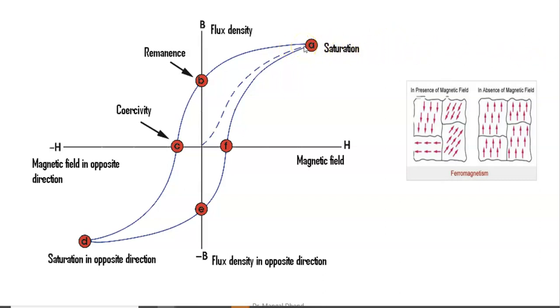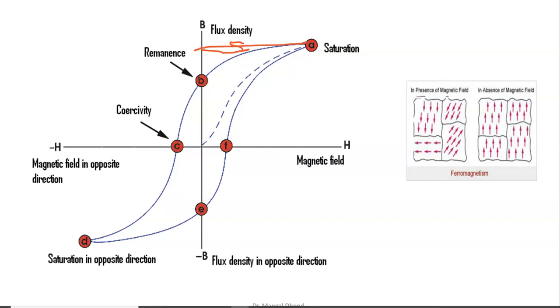Write down saturation. Even if magnetizing force H is increased, flux density will not change. This point is called saturation, and this flux density is called the maximum flux density. So extrapolate this point. I cannot draw straight.